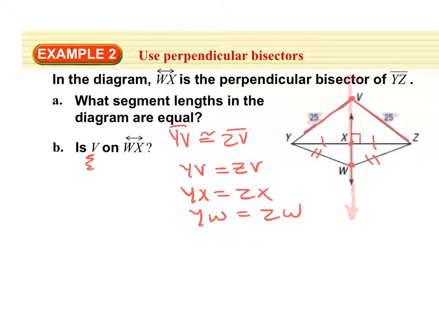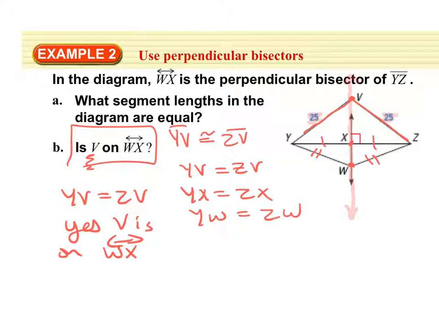Because YV equals ZV, I could say yes, V is on WX, and what I'm using is the converse of the perpendicular bisector theorem, because it tells me that it's equidistant from the endpoints. So I'm using the converse. Yes, V is on WX. The answer was yes.